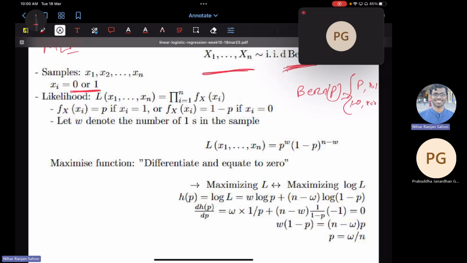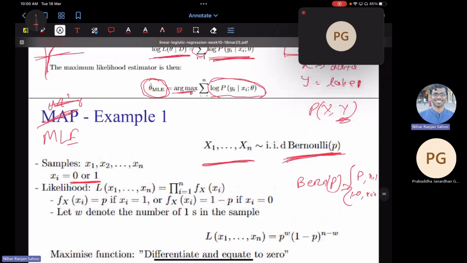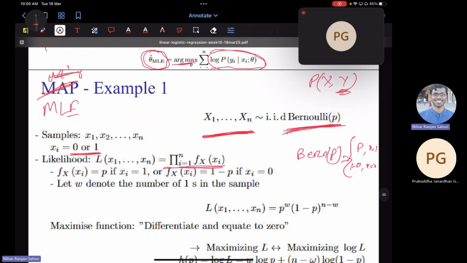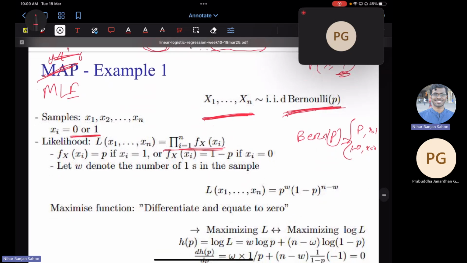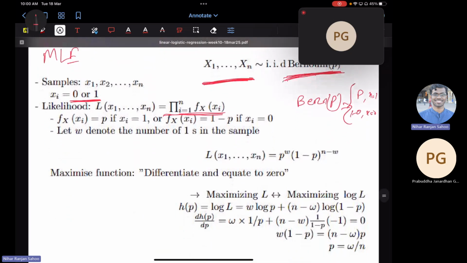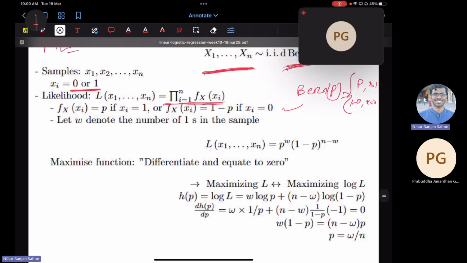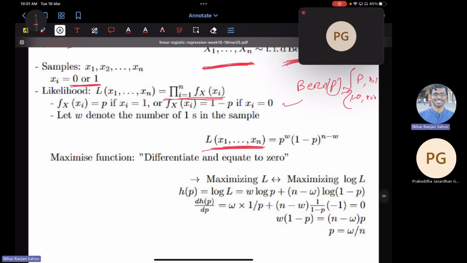So what will be the likelihood? Here we don't have any y label, right? We are only given x. So how do we represent the likelihood? The likelihood of this distribution is just f of x, whatever the PMF or the PDF is, right? This is what we have discussed. So now we represent the PMF of the Bernoulli distribution.